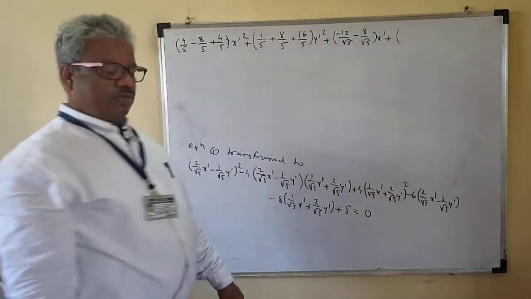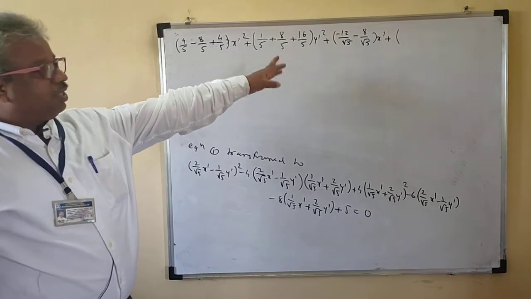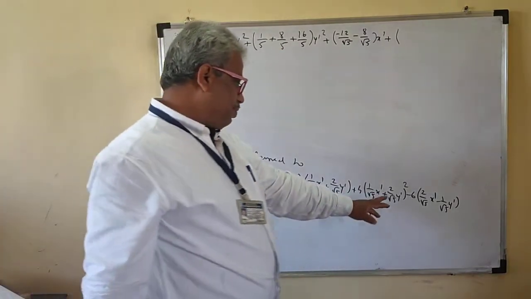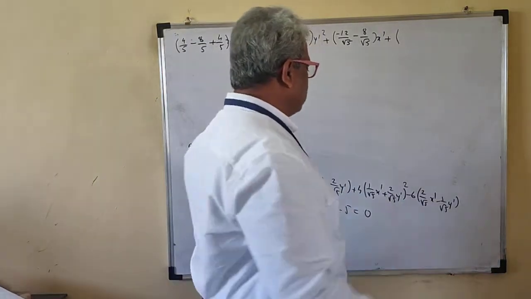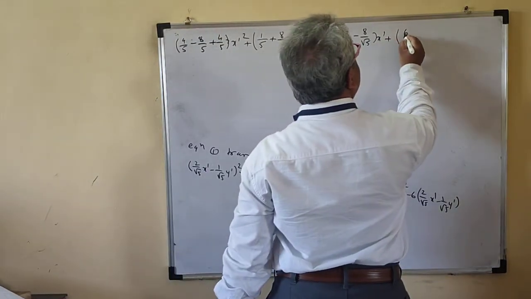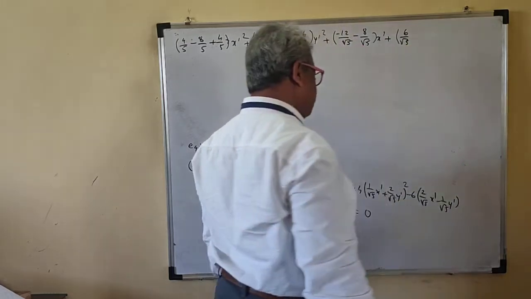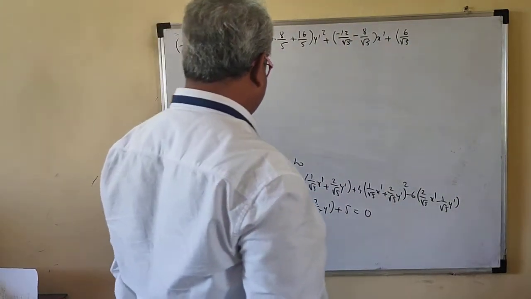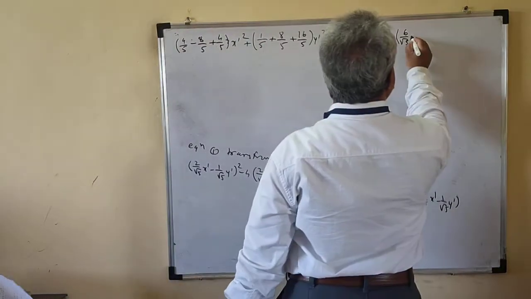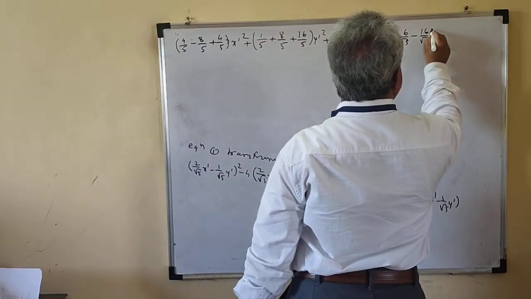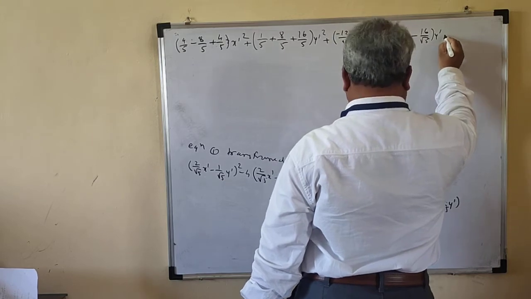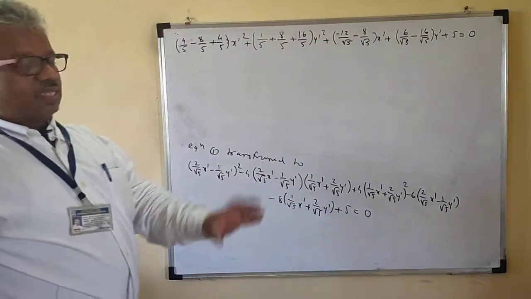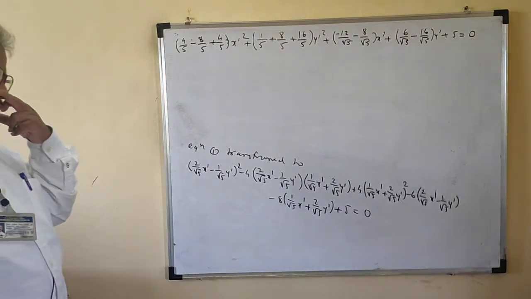Whatever the sign, write the plus sign and write in the bracket whatever the sign may be. Your y prime here, minus plus, so this is 6 by root 5, then minus 16 by root 5 y prime. And your constant will not be changed by rotating the axis. The constant will be as it is.